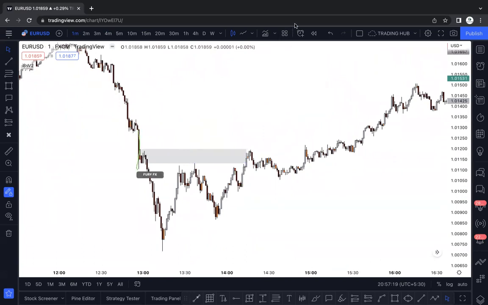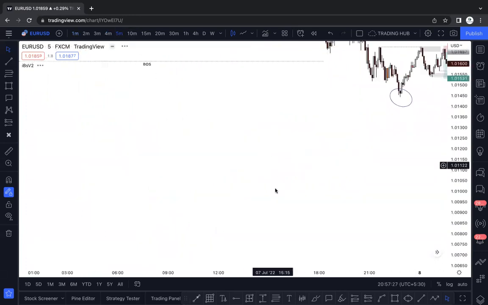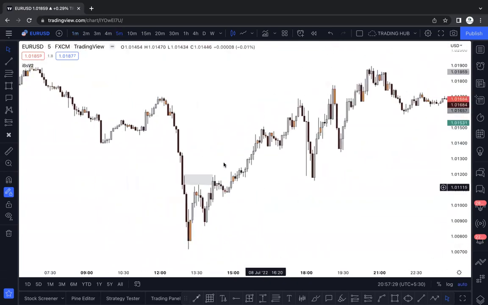Remember one thing before marking any structure: first, which time frame you are marking. For example, if you are marking in a 5 minute, you must take out the 5 minute high or low. Some people do the wrong thing here, marking this as an M1 confirmed high or low.